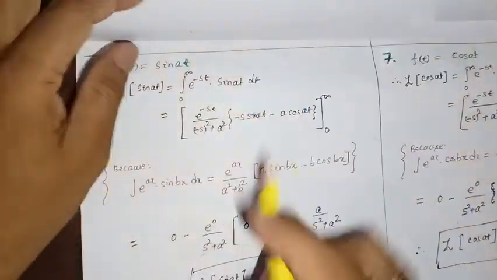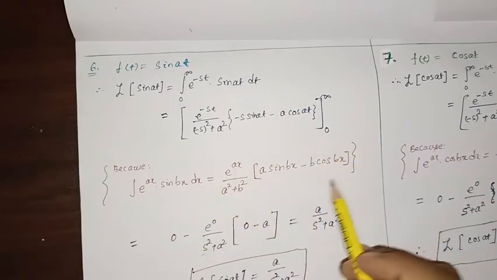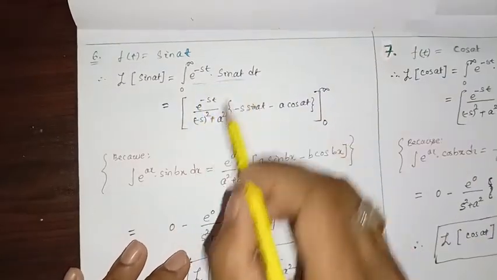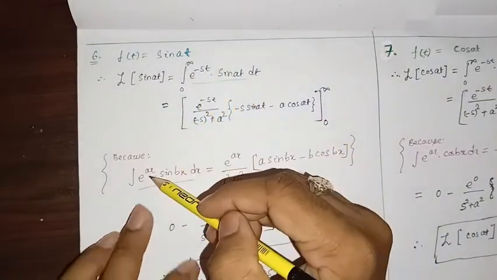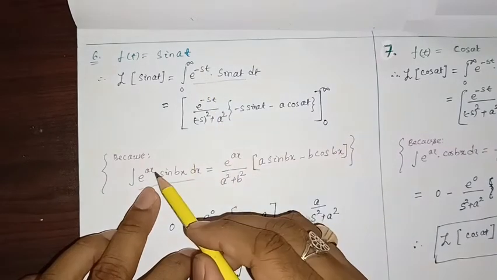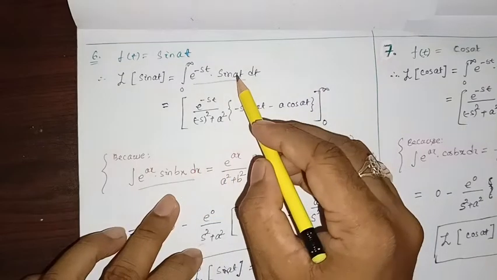Just compare this integral with that integral: here a is nothing but minus s, instead of x we have t, and b is nothing but a.